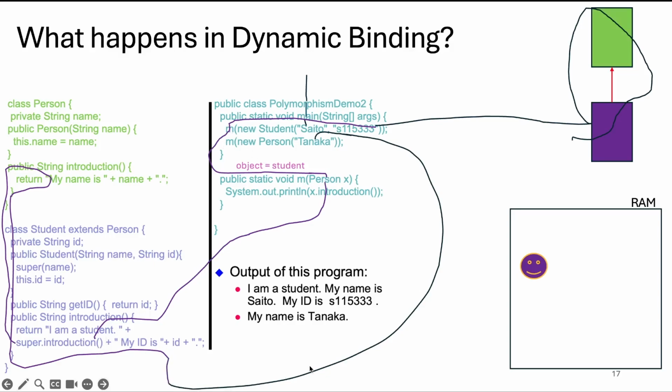Now using black color we are going to create the Person here. So when we are creating the Person here, what happens? Because we are creating a Person object, we simply go to the class Person.